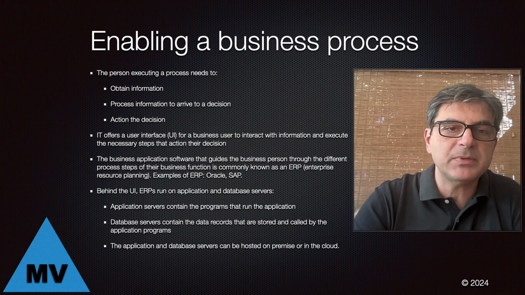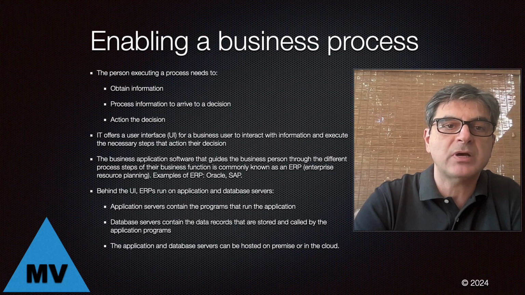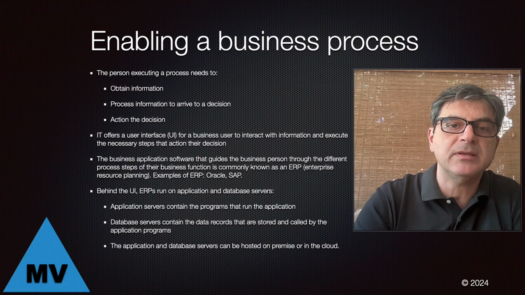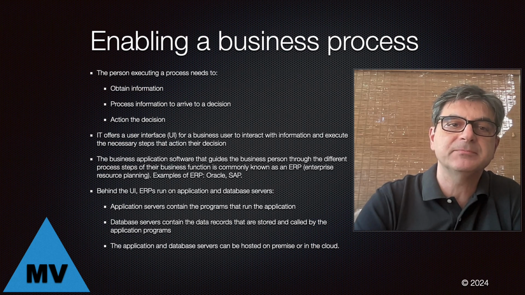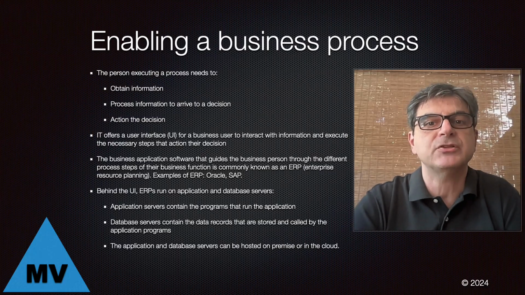The business application software that guides the business person through the different process steps of their business function is commonly known as an ERP. That's the abbreviation for Enterprise Resource Planning. Examples of ERP are Oracle or SAP. There are other ERPs as well, but these are the largest ones.